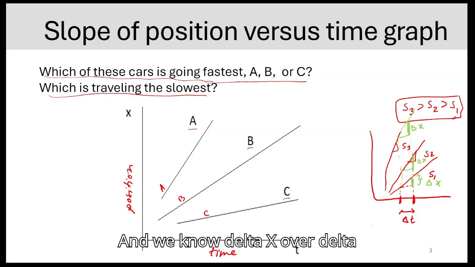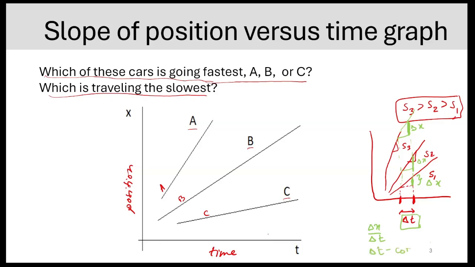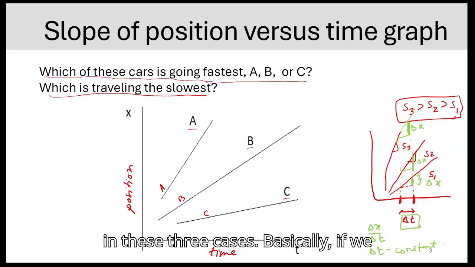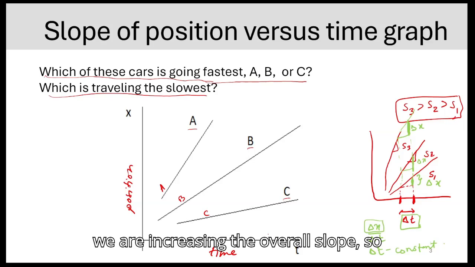We know delta x over delta t is the velocity, and delta t is the same for all these three cases. So if delta t is constant, and we are increasing the numerator, that means we are increasing the overall slope.